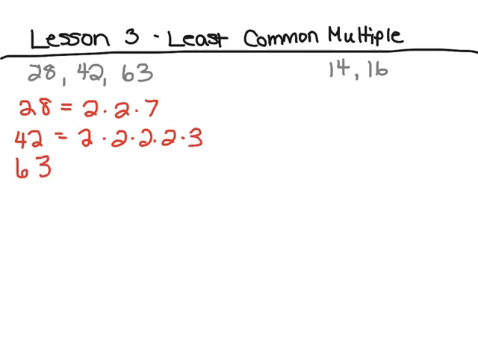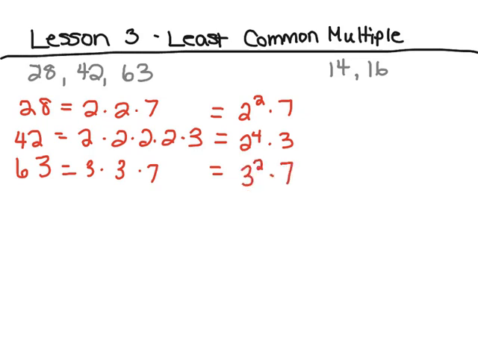And 63 is equal to 3 times 3 times 7. And in exponent form, we have 2 squared times 7, 2 to the power of 4 times 3, and 3 squared times 7. Now we want to find the LCM.